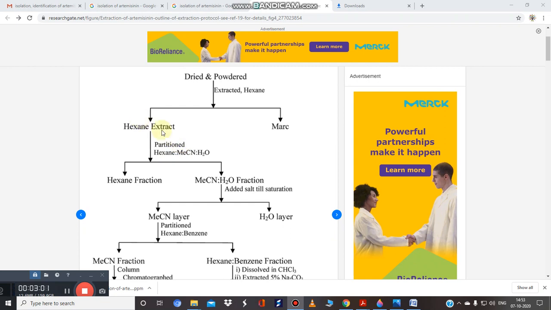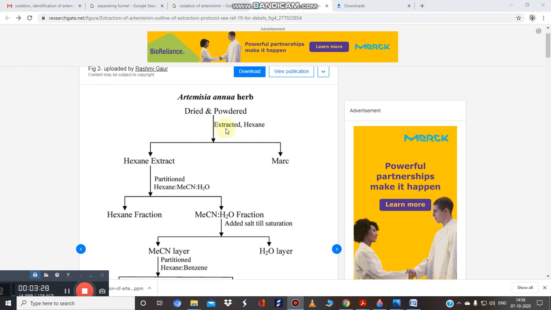Again, this hexane extract is partitioned between three solvents: hexane, MeCN, that is methyl cyanide or acetonitrile, and water. So first of all, the drug is taken and extracted with hexane, then upon the hexane extract we will partition with the help of hexane, methyl cyanide and water.